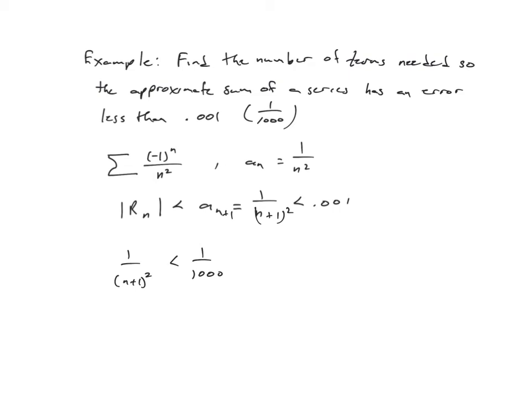From that, (n plus 1) squared has to be greater than 1,000. Now I can just take the square root, and I get that n plus 1 has to be greater than 31.62, and so n will have to be greater than 30.62. So to be within the required amount of error, n needs to be 31 terms.